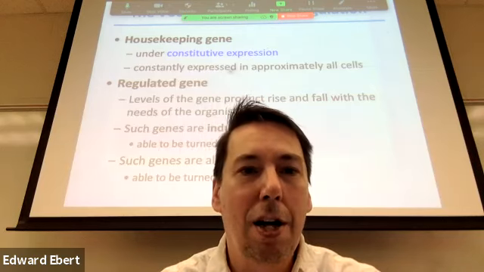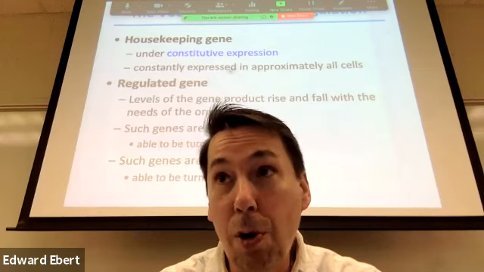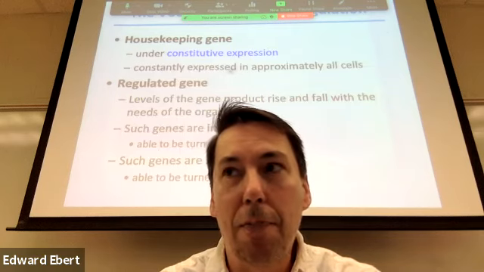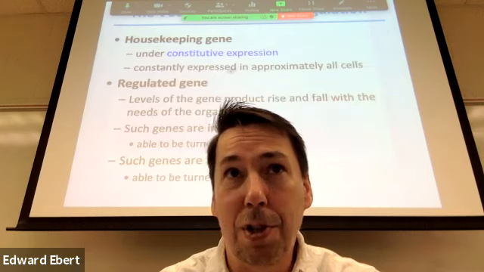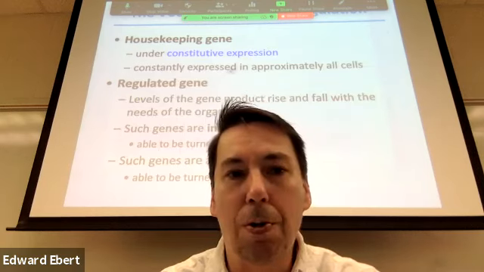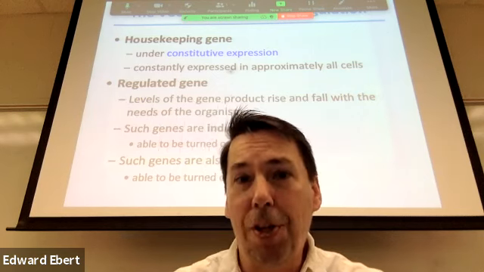So a housekeeping gene is constantly expressed, usually at roughly the same levels in pretty much all cells. Many of these can be things like the histones for the DNA in the cells, some structural proteins and stuff like that. So for housekeeping genes, there's not as much regulation because they're fairly constant.